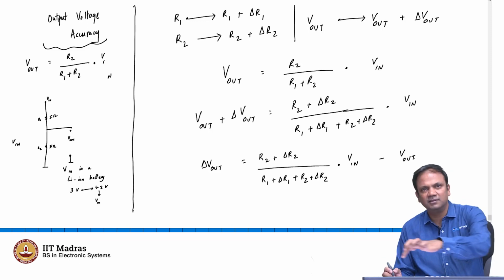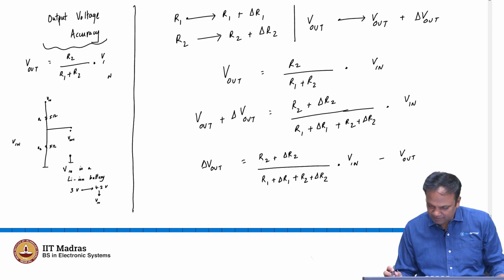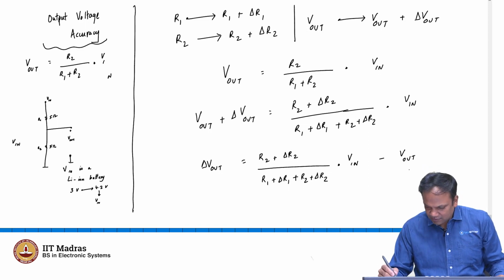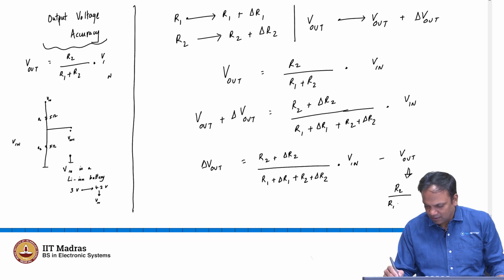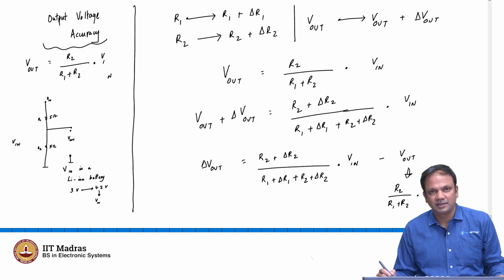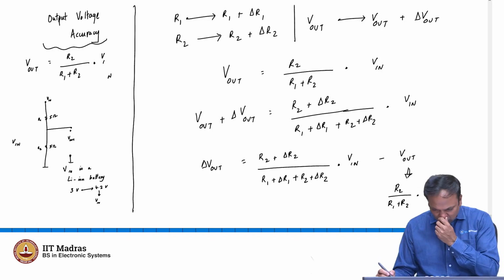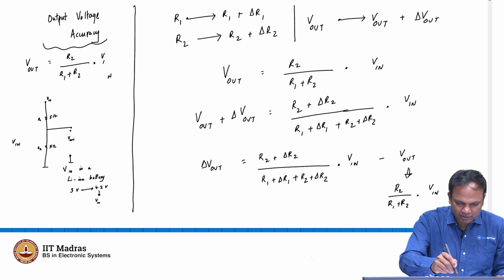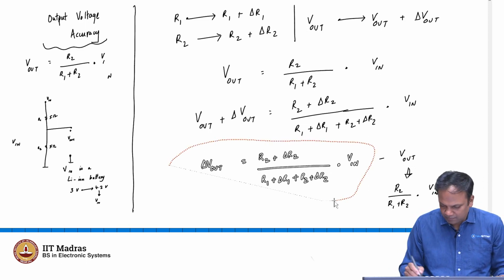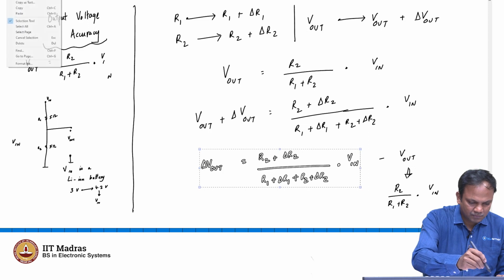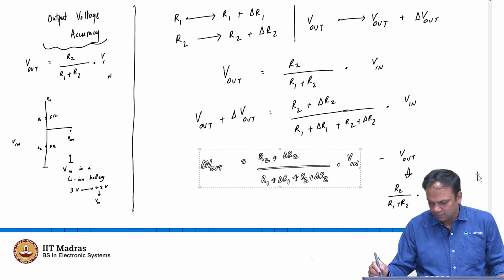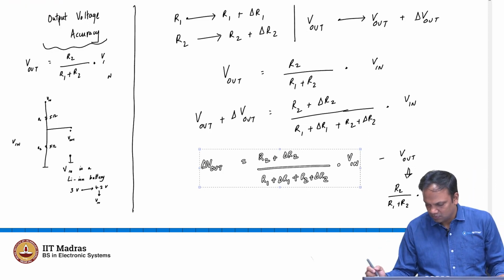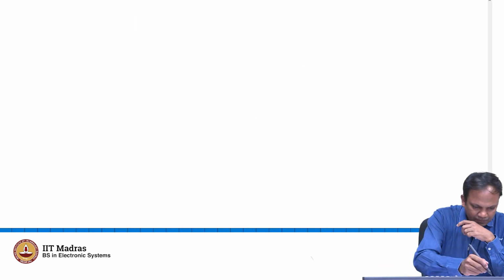I have just moved the V out to the other side, but we know that this V out itself is R2 by R1 plus R2 into V in, correct. So what we are going to do is, let's do a new page.